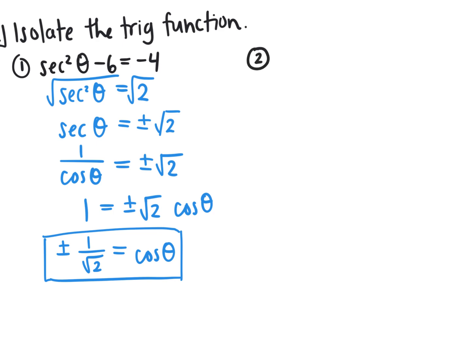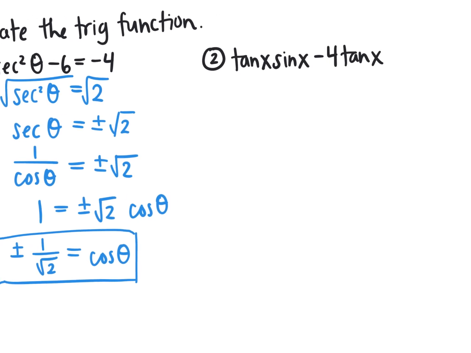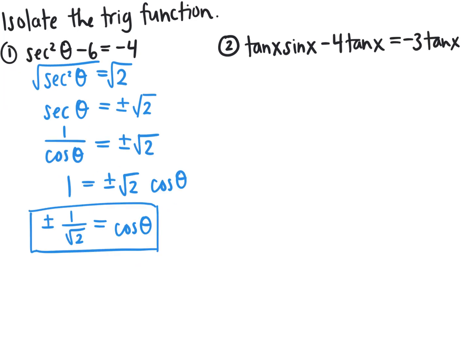Number 2, tan of x sine of x minus 4 tan of x equals -3 tan of x. This looks kind of crazy, but I can divide everything by tan. Every term has tan.